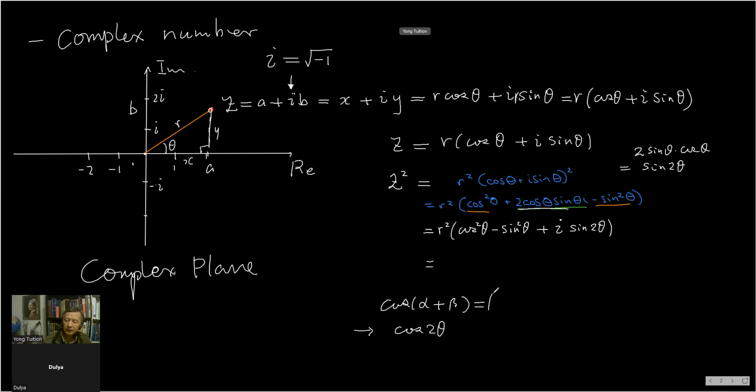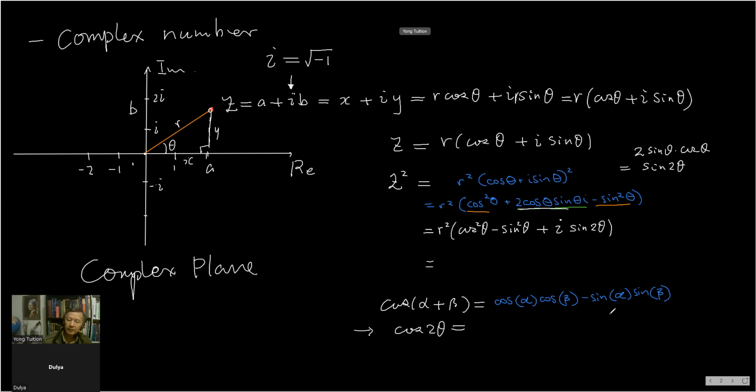Okay, you write this first, and then we will derive this formula. Based on this formula, can we derive the double angle formula for cosine?